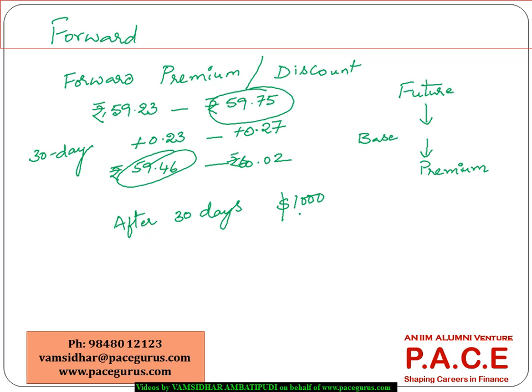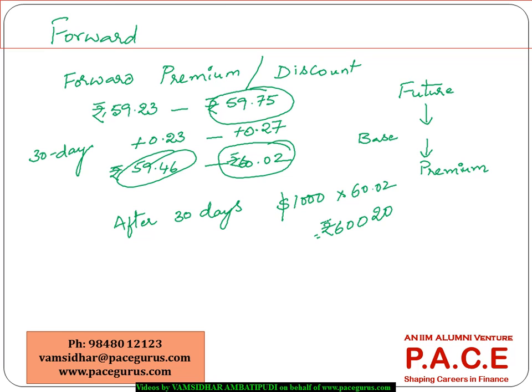So based on this, now I would like to see at what rate. So if at all I am going for a forward contract, I could have bought dollar at 60.02 by fixing the price today by entering into a forward contract. I know I will be able to buy dollar at 60.02, so which means I require 60,020 rupees to purchase $1,000 after 1 month.